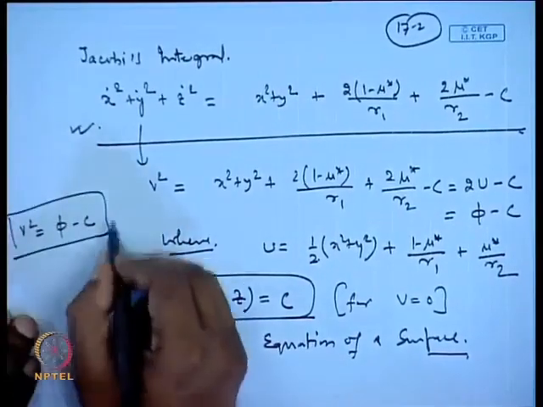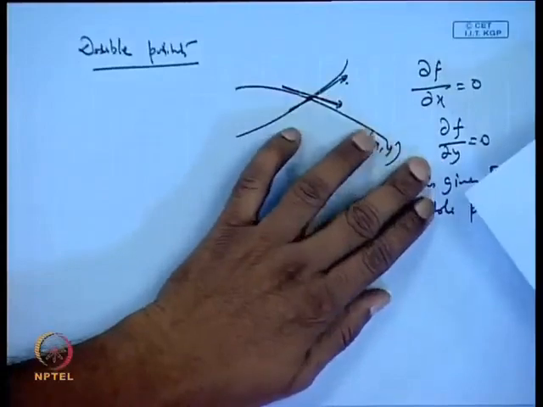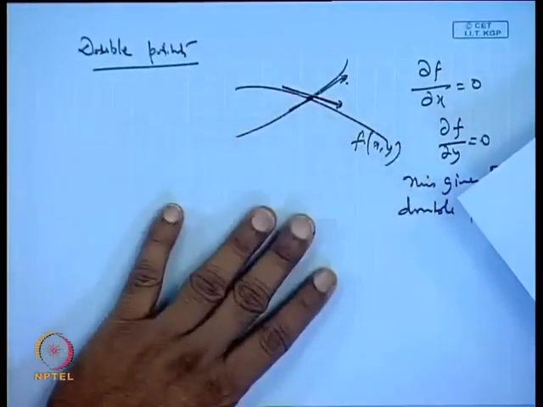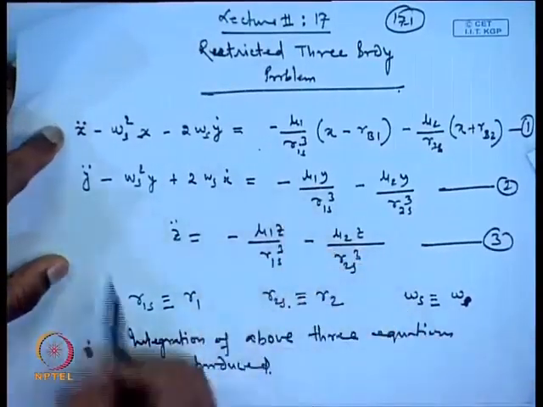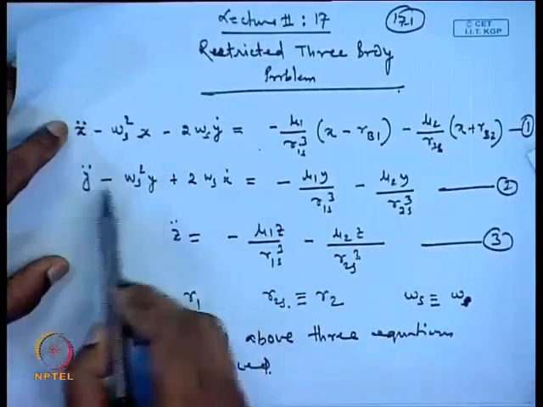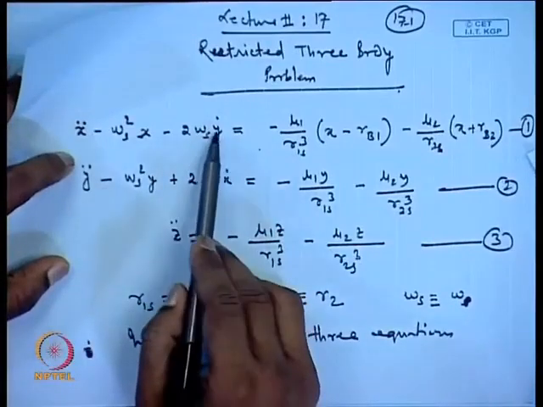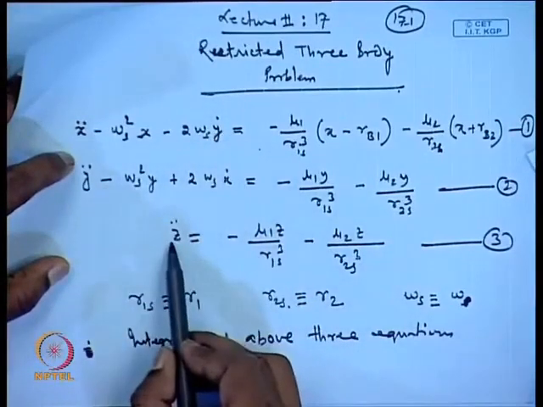So, with this equation it is possible to work out using this partial differentiation and find out the librational points, or you can directly use the equation which we have developed earlier and set x double dot, y double dot and z double dot equal to 0.